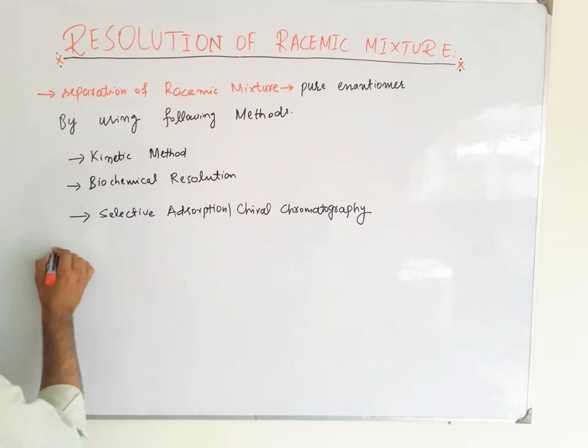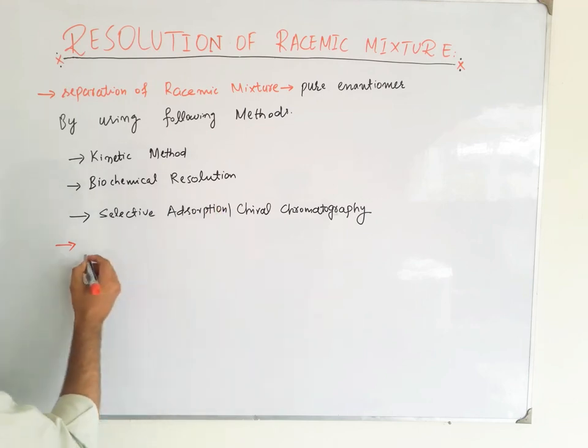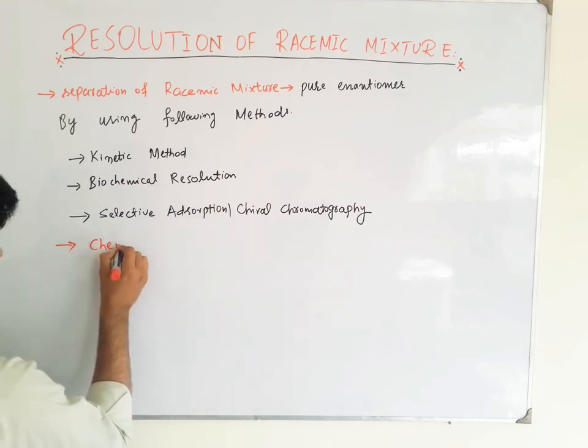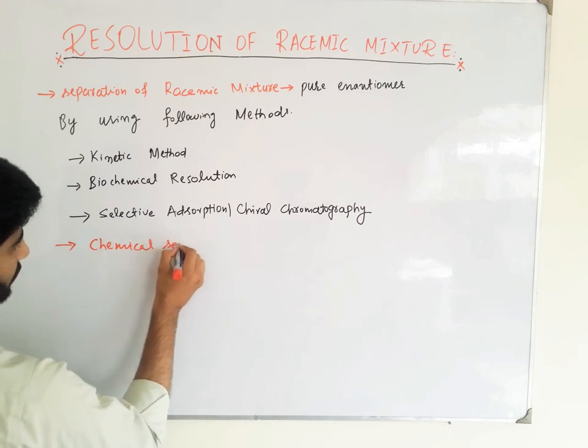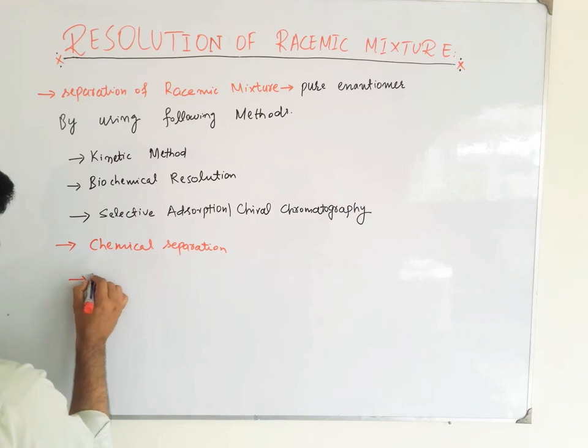In the last video, we discussed how we separate the racemic mixture into pure enantiomer by using chemical separation and mechanical separation.